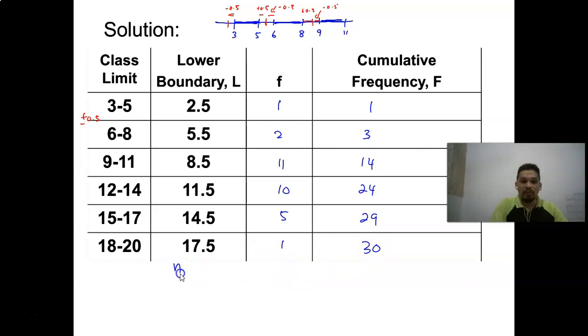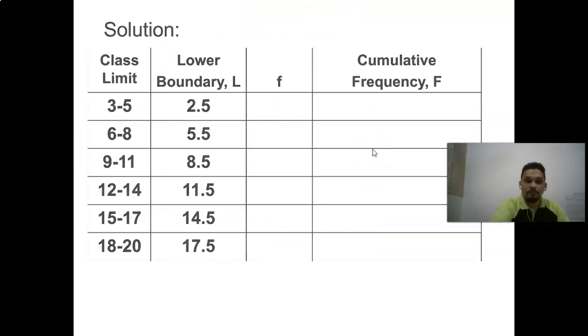So the number of data n is equal to 30. Okay. And now from this table, to answer the first question, A, the first quartile, 1 quarter of 30.